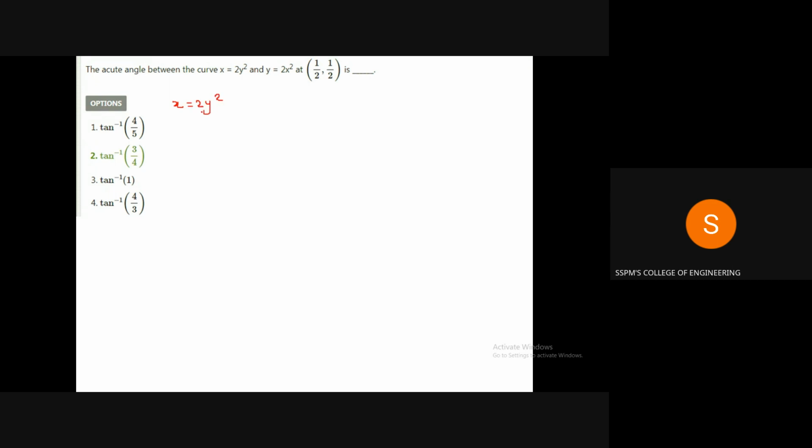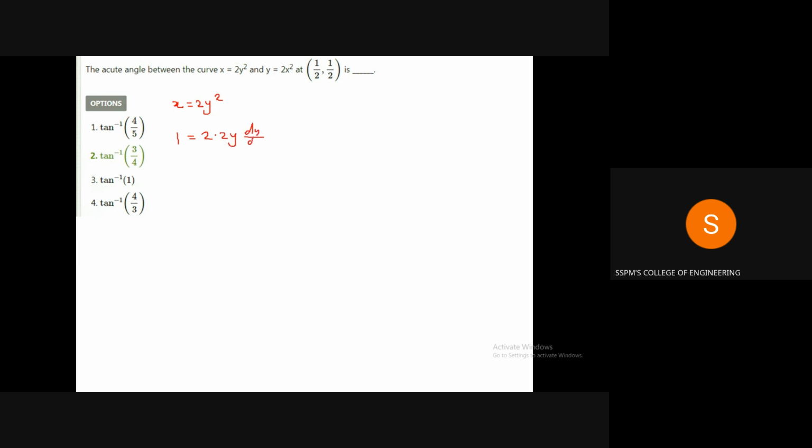So now we have to differentiate this. tan theta, slope is what? Derivative is slope. So if we differentiate it with respect to x, the derivative of x is 1, is equal to 2 into 2y dy by dx.